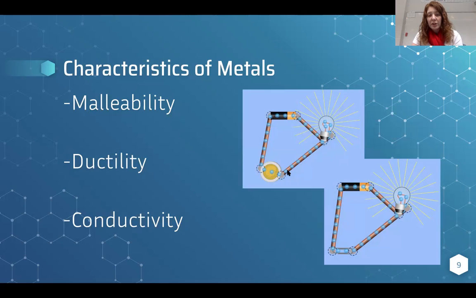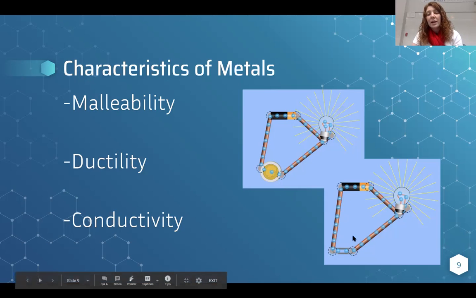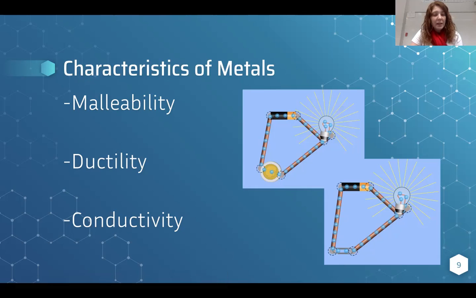In the first picture, you've got a metal coin that's completing this circuit, allowing electricity to flow through it, and light the light bulb. In the second picture, you have a paper clip that is allowing the electricity to flow through it and light the light bulb.